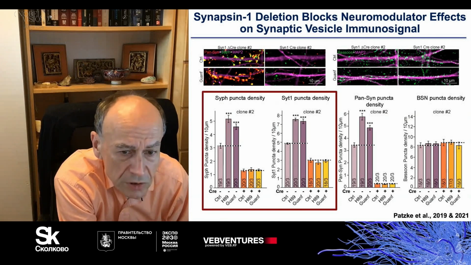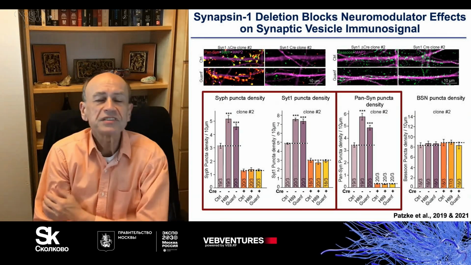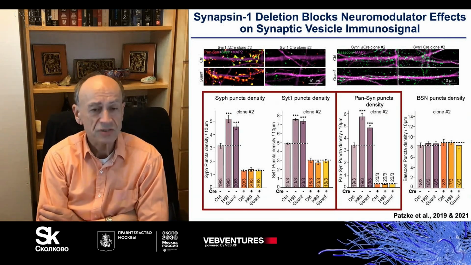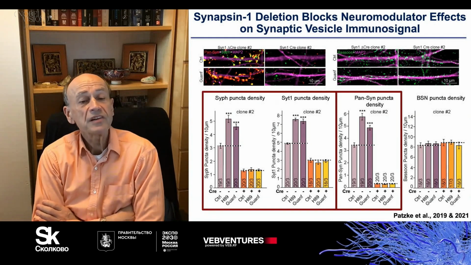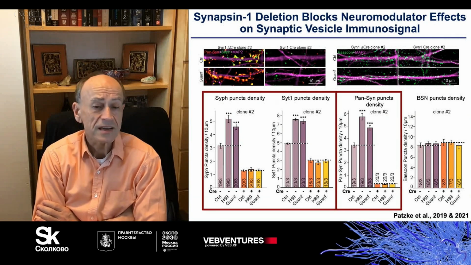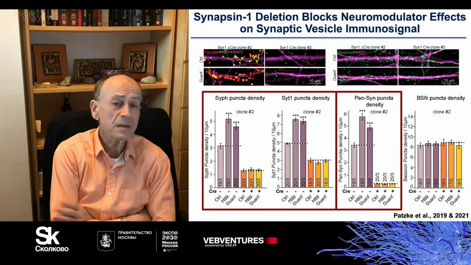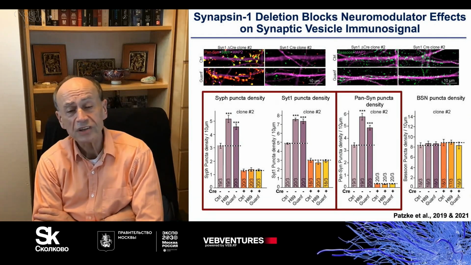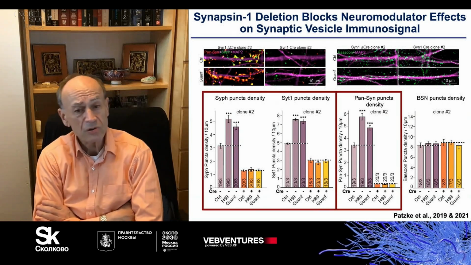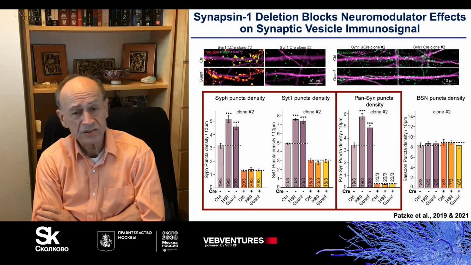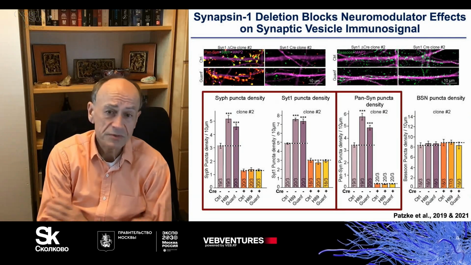When you do the same experiment by staining the neurons for synapsin, as shown here in the middle, you can see that in the presence of synapsin, again, there's an increase in synaptic vesicles, as now shown with synapsin immunoreactivity. But because we're deleting synapsin, as shown on the right, there's only a background signal after deleting synapsin.